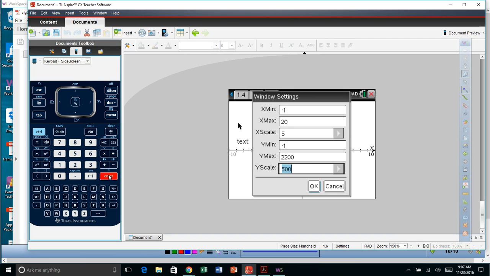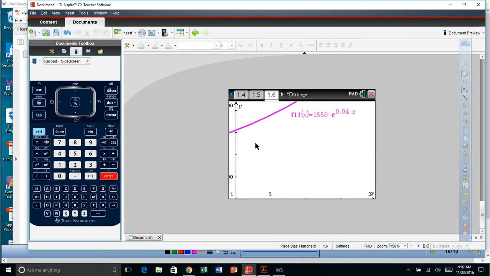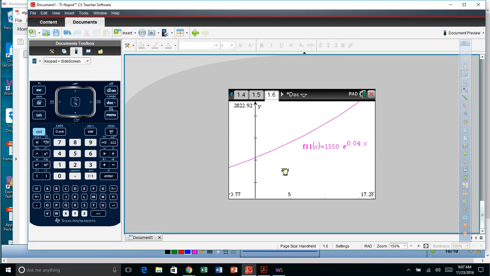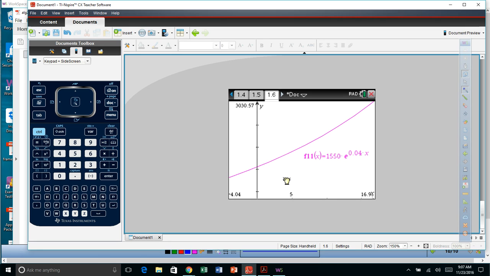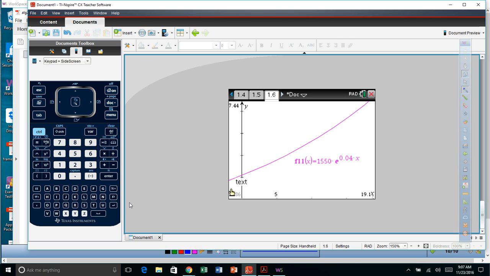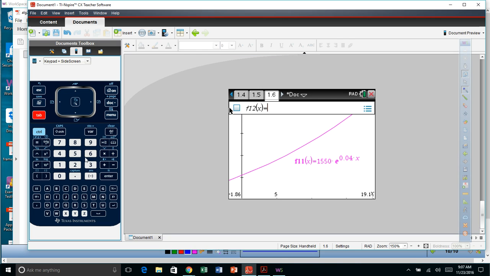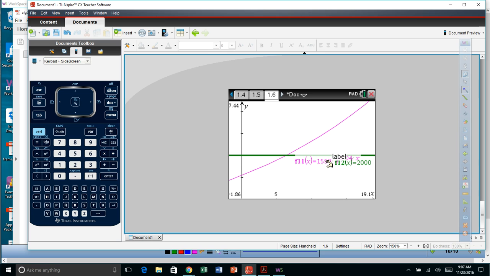So that's up there like that. What if I do it like this? Okay, I can grab it down a little bit. All right, and I need to know 2,000, right? So press tab, and I'll put 2,000. Press enter. There it is.